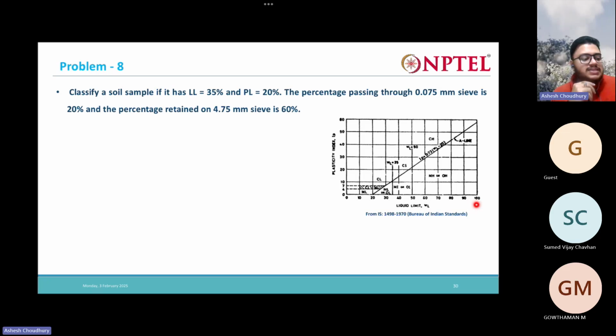First decide whether the soil is a fine grained soil or a coarse grained soil, and tell me.